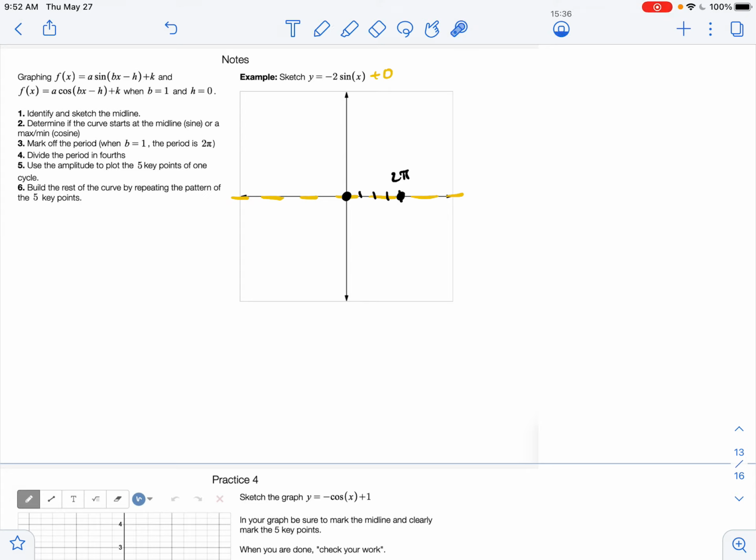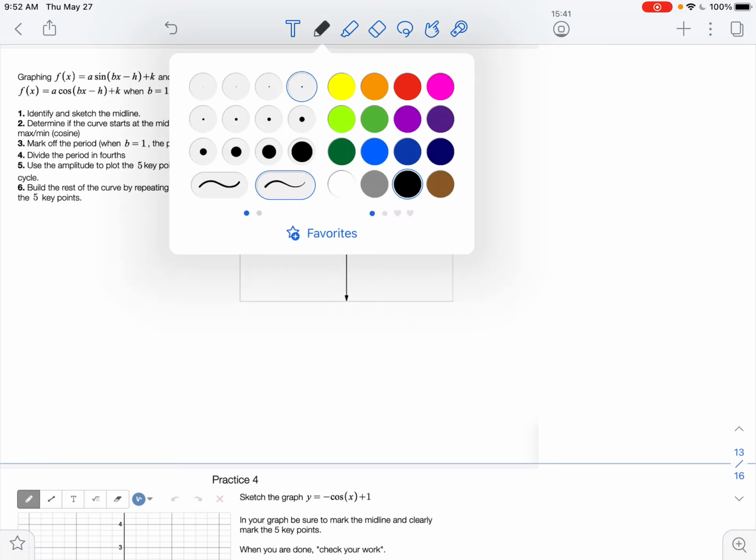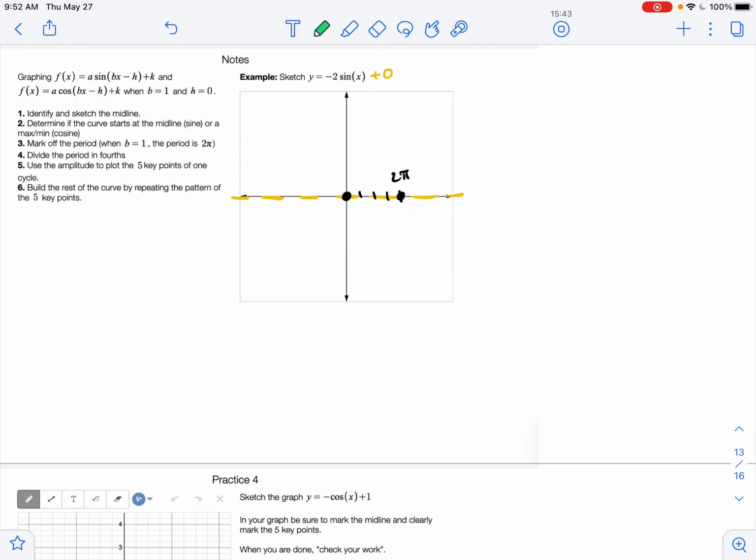All right, use the amplitude to plot the 5 key points of one cycle. So the amplitude is 2, but the negative causes a vertical reflection.